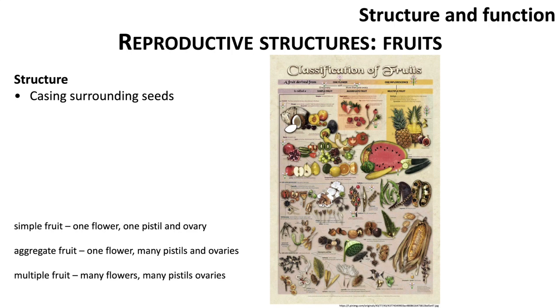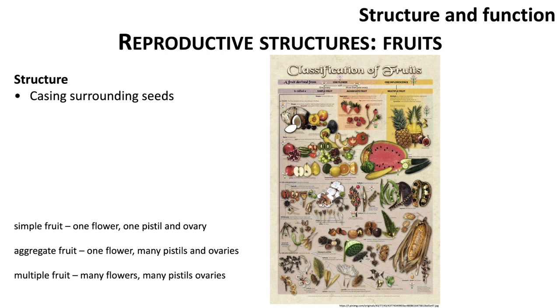One main distinction I would like you to know is that a simple fruit is one that comes from a single flower with a single pistil and ovary. When the pistil is made of a single carpel, you get fruits with one chamber, like peaches. When the pistil is made of multiple carpels, you get fruits with multiple chambers, like oranges and tomatoes.